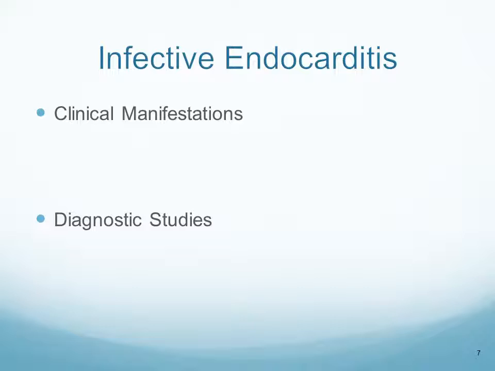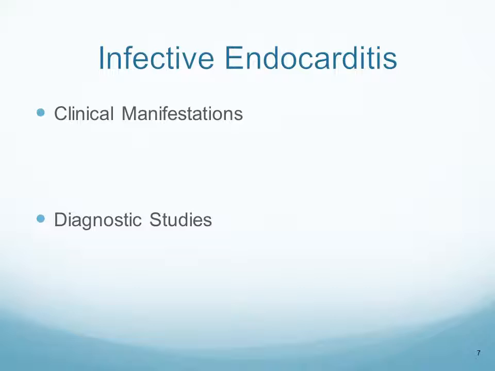And immediately following the blood cultures, we will start antibiotics, which we'll talk about on the next slide. Okay, so we have that fever, new or changed murmur, bacteremia, confirmed by venipuncture, two different sites. We will probably see a mild elevation in the white count.